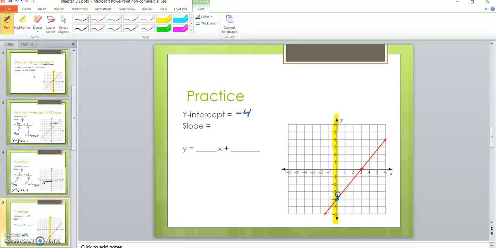Then I make my triangle, and I'm going up 1, 2, 3, 4, and I'm going over 1, 2, 3.